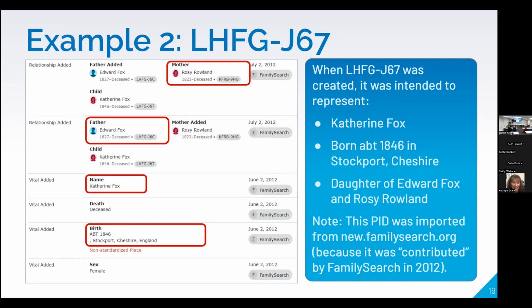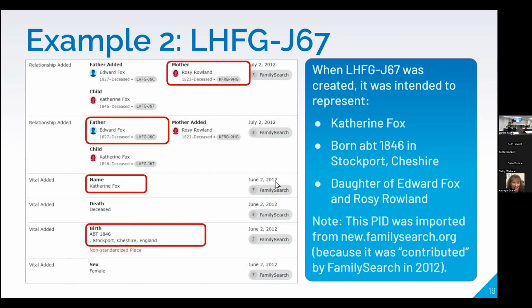So in 2012, they transferred all the information from the old system to the new one, which we're using today, called Family Tree. But because of privacy issues, they didn't feel comfortable transferring all the old usernames, the people who had created those profiles in new.familysearch.org. So they just stamped all those imports with FamilySearch.